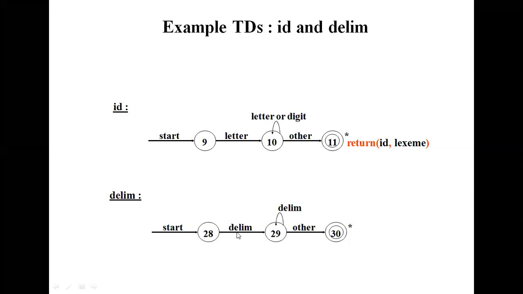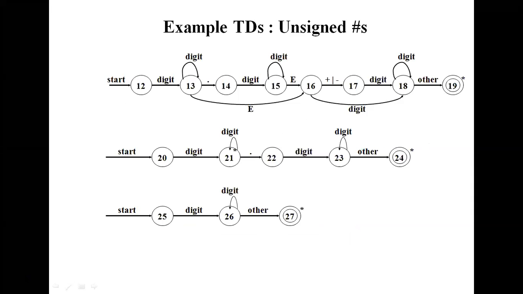So this is the way of representing the transition diagrams for the IDs and for the delimiters. And if you have any unsigned IDs like this, this is the way of representing them in transition diagrams. You all know how to represent the transition diagrams, what we need to follow, how to represent the states, and how to make a path between the states with a directed arrow.